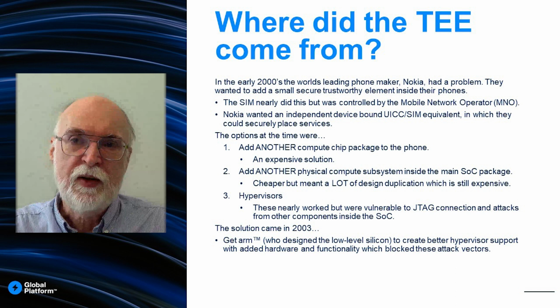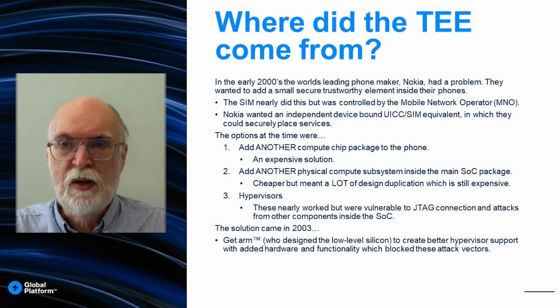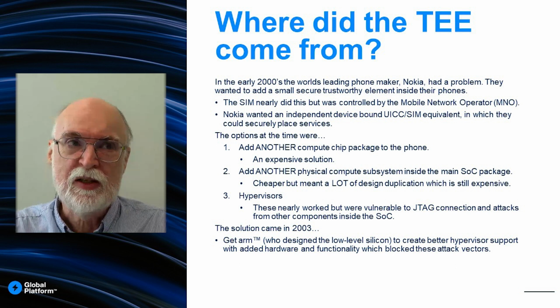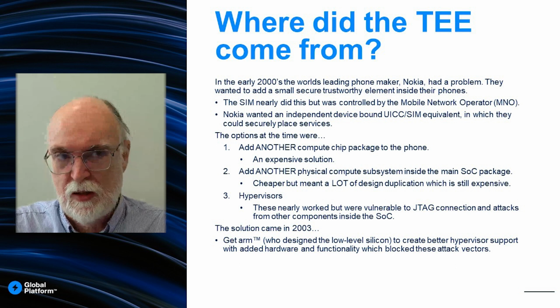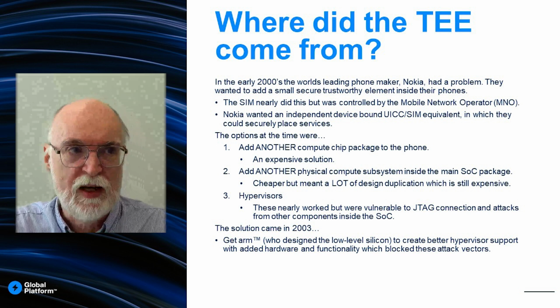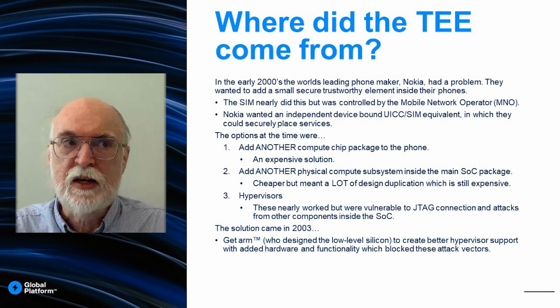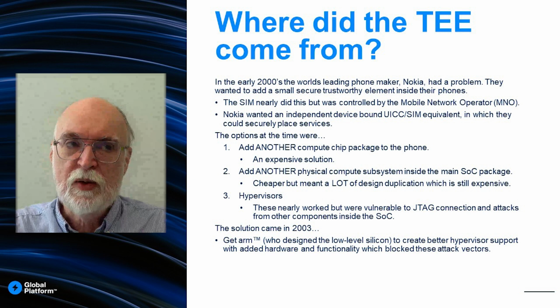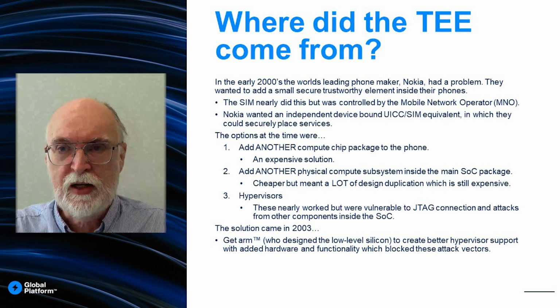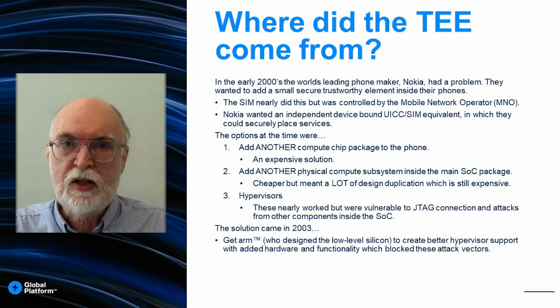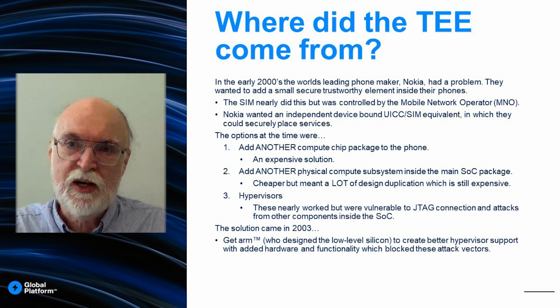So rather than having a separate chip on the PCB providing the secure environment, they could have done a separate environment with a separate CPU, a separate bit of RAM and a separate flash controller inside the general system on chip silicon. That would have been another solution, but again, it was quite an expensive solution in terms of design effort and other aspects.